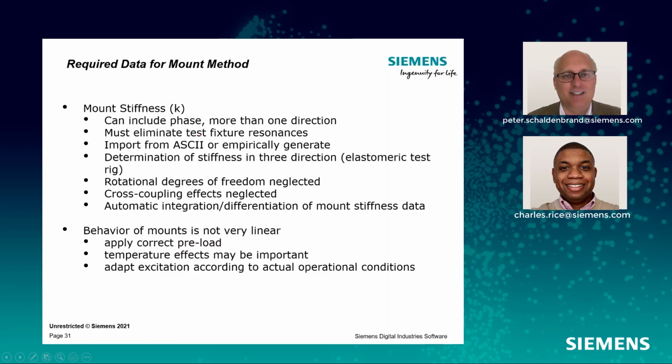You have to be careful when you go to determine the mount rate. So with a rubber bushing, you need to put it under similar conditions to those during the operational conditions of the product, so that the stiffness rate that you use reflects what's going on during the actual operating conditions of interest.